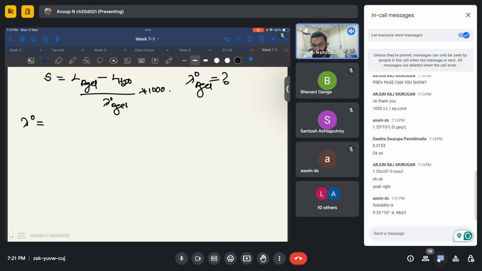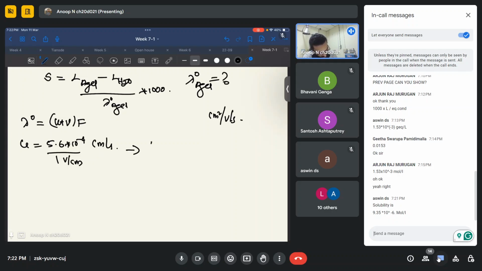Yeah. So what is the formula? At infinite dilution, we can write lambda 0 is equal to U plus V into Faraday constant. So here U is given 5.6 into 10 raised to minus 4 centimeters per second. Usually, what is the unit of ionic mobility? It is given as centimeters squared per volt per second. So you have to divide it by 1 volt per centimeter.